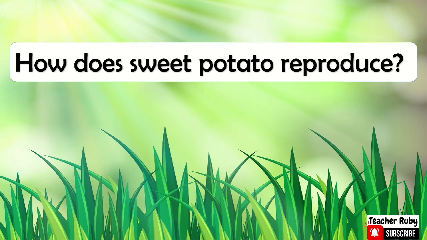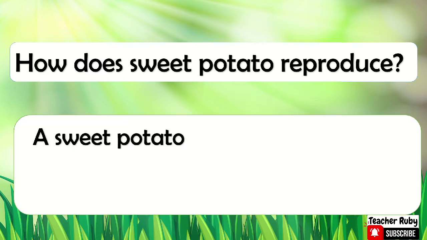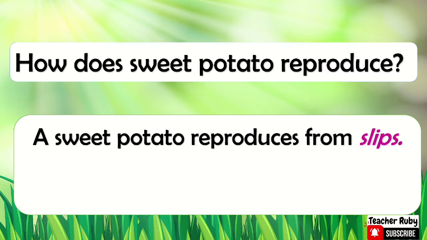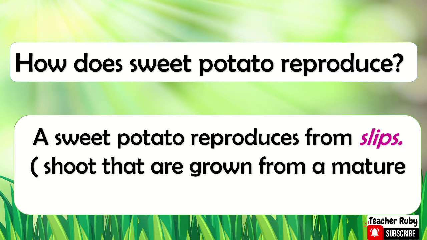How does sweet potato reproduce? Any idea based on the video? You're right. A sweet potato reproduces from slips. Slips are shoots that are grown from a mature sweet potato.